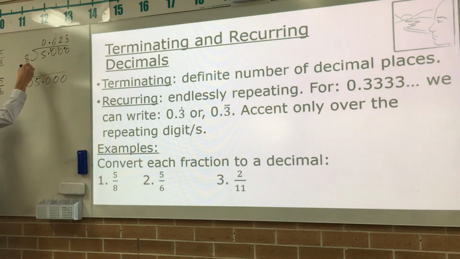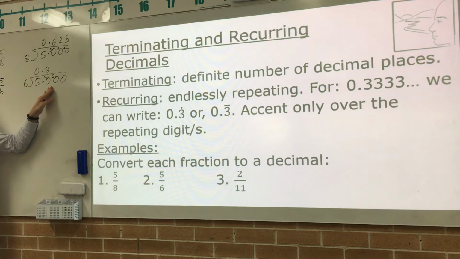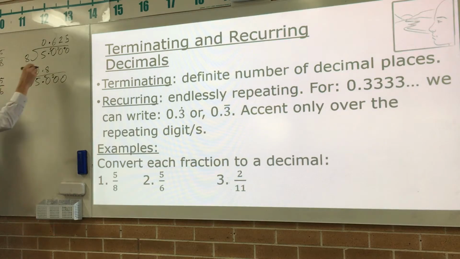Well done. 0. We've got 5 left over. All right. 6 into 50. Yeah, it is 8 times. Well done. 6/8 are 48, so there's 2 left over. 6 into 20. Yep, it goes 3 times.